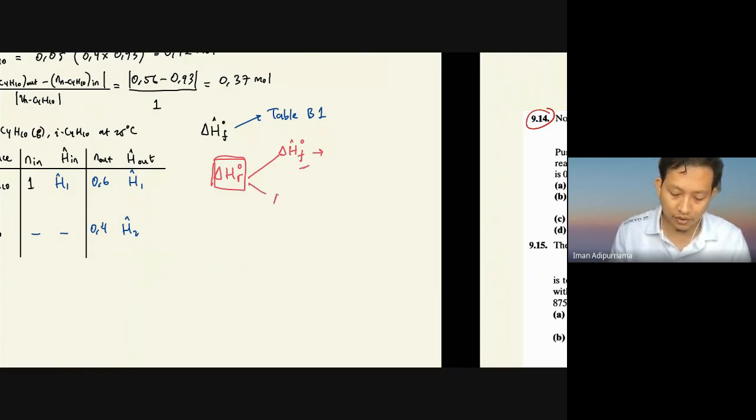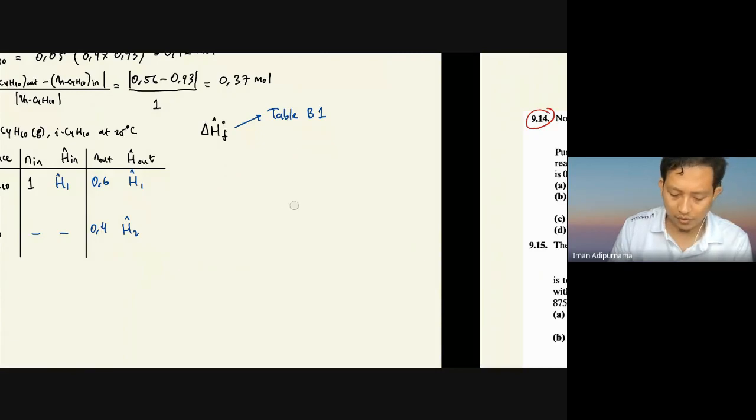You can also have the combustions, right? If you have combustible materials, at least these two, in general.